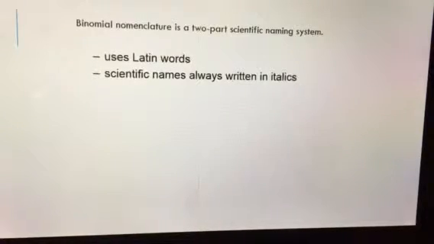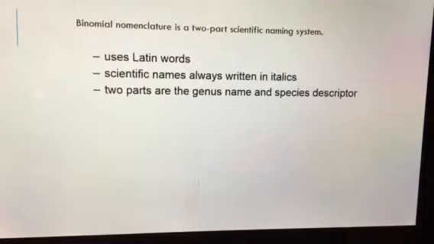It uses Latin words. Scientific names are always written in italics, with the first word capitalized. It is the genus first and the species second. Genus is the name, so Homo means same. Sapiens, for us, would be our descriptor, or how we know who we are.